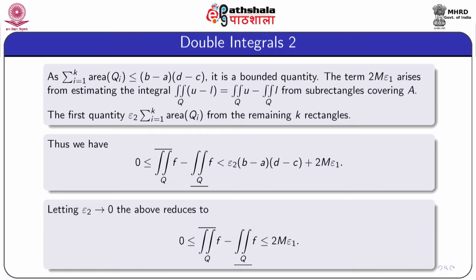Thus, we have 0 ≤ the difference between upper and lower rectangle integrals < ε₂(b − a)(d − c) + 2Mε₁.